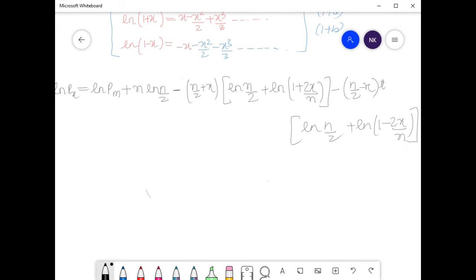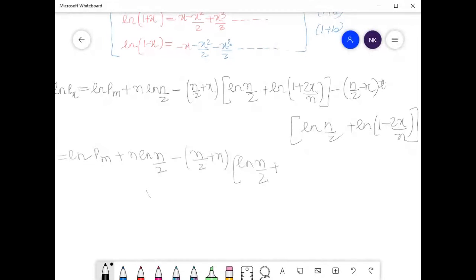If I solve it further, what do I get if I just open this relationship? I am just writing log of m plus n natural log n by 2, I will just say log, not natural, minus, further solving it, n by 2 plus x into log n by 2.